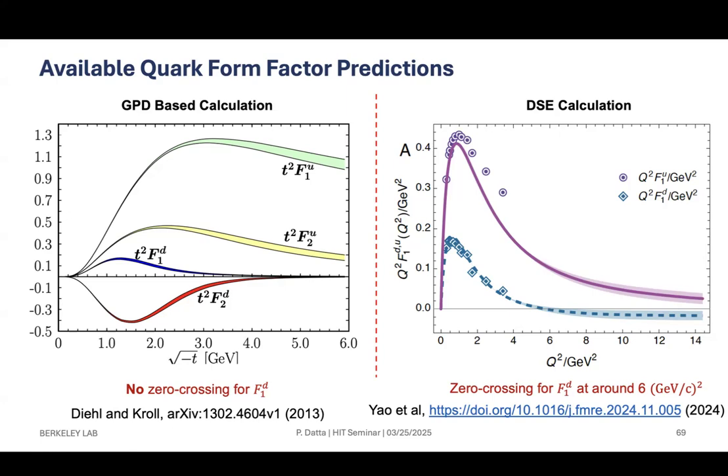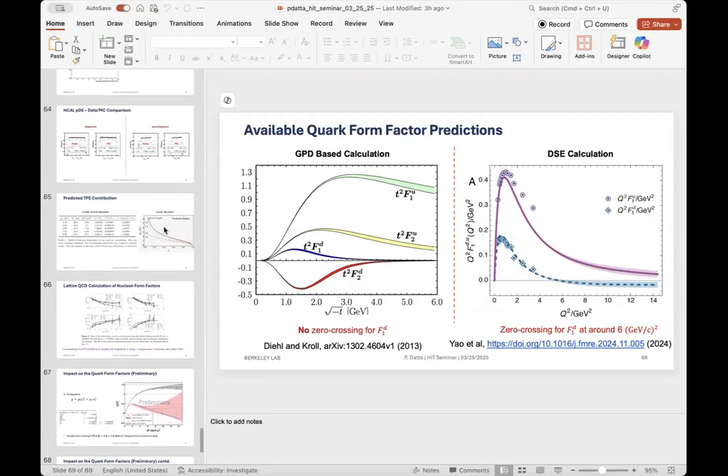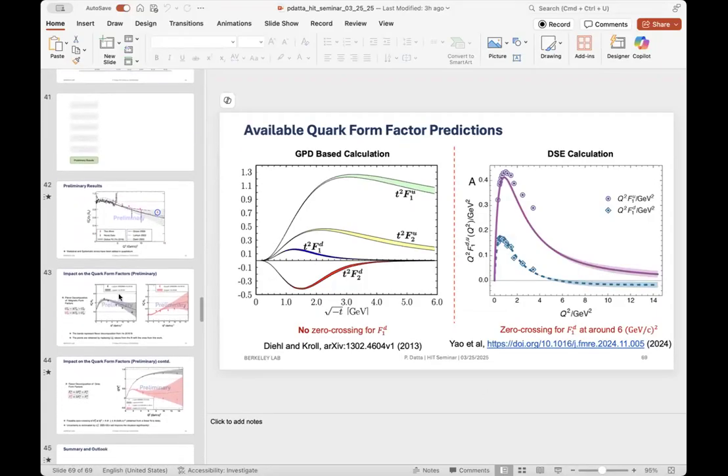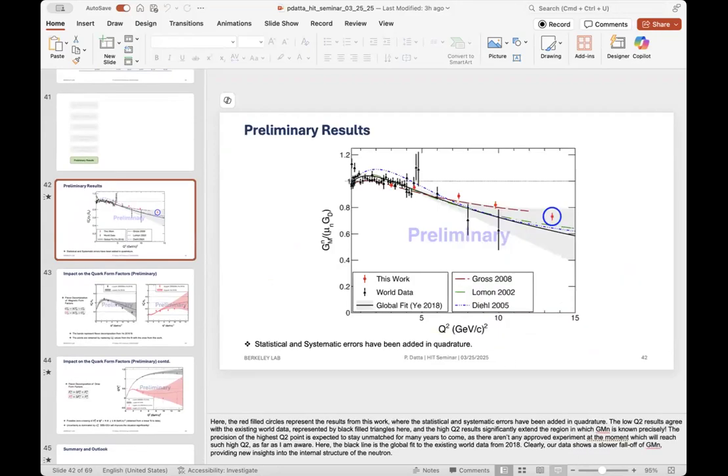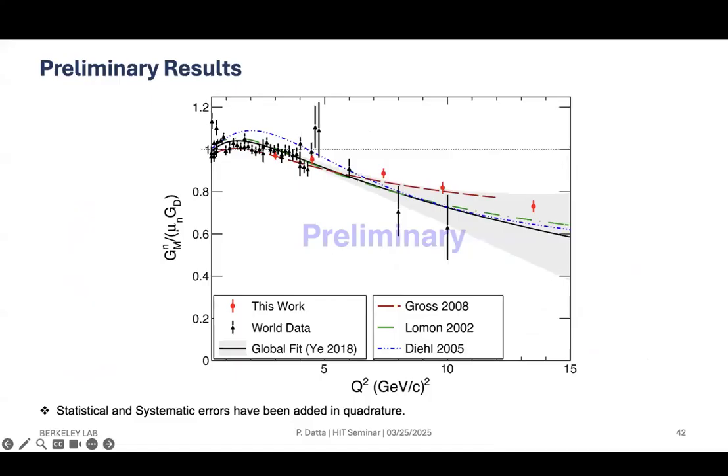So how much did GMN change compared to the global fit? Just two curves. It's a little hard to see from here, but the global fit is this black line? The black line, right.